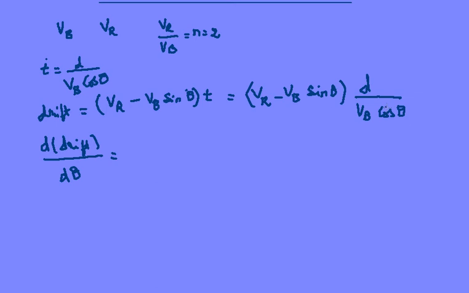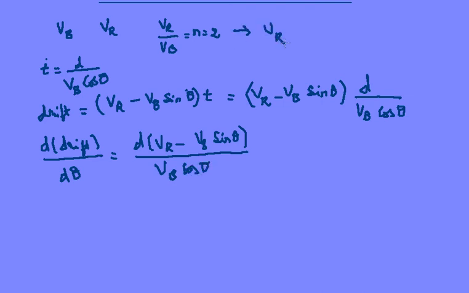If I simplify this a bit, I would get d into... as per this equation we have VR equal to N into VB.